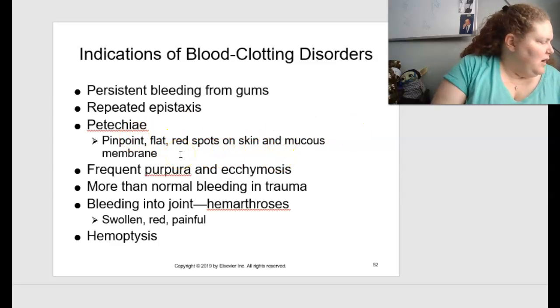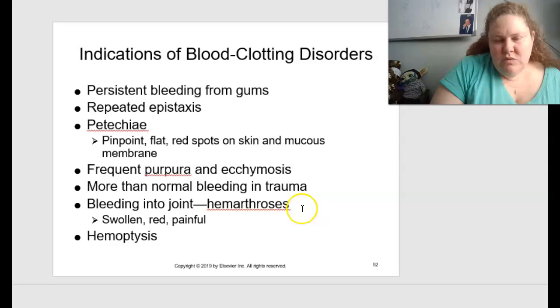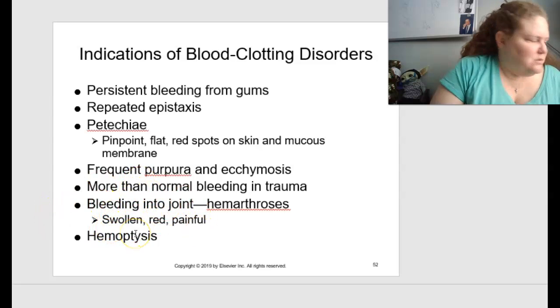You can have frequent purpura and ecchymosis. These are more than normal bleeding in response to trauma, and also bleeding into the joint, which is hemarthrosis, and this is swollen, red, and painful.